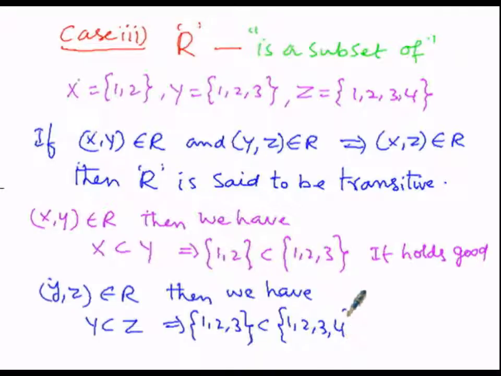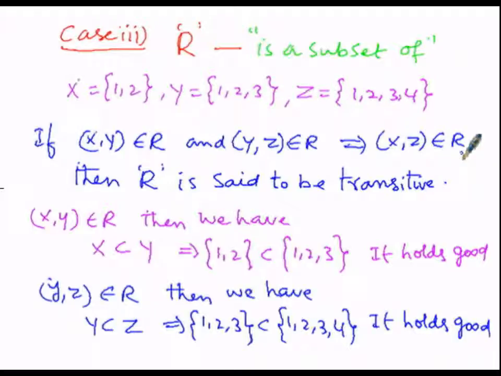The elements of the first set 1 2 3 are also present in the second set. Therefore it holds good here also. Then that implies x comma z also must belong to R.